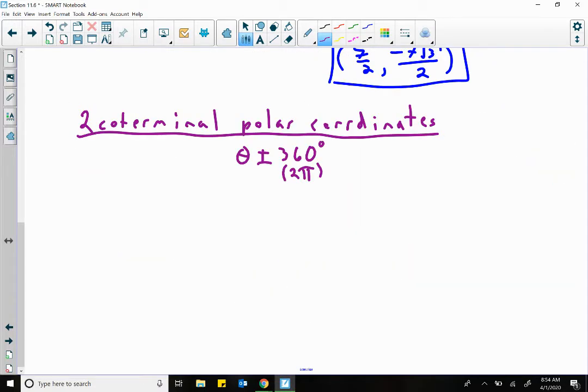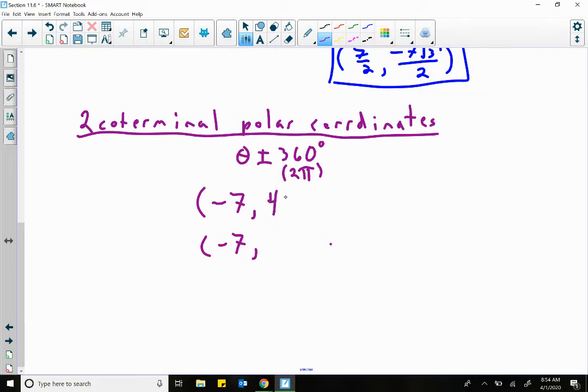Okay? So, two coordinates that also match up with that same green angle I had above. Well, all we got to do is take 120 plus 360.